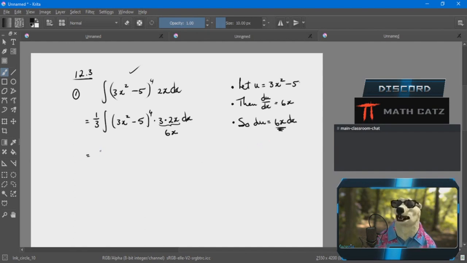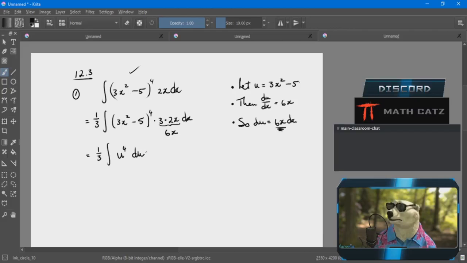So sometimes the numbers need a little tweaking in order for me to see exactly what this substitution key needs to see. So 1/3 integral of, it's going to become u to the 4. 6x dx is perfect to swap it out with a du. And I'm good to go.